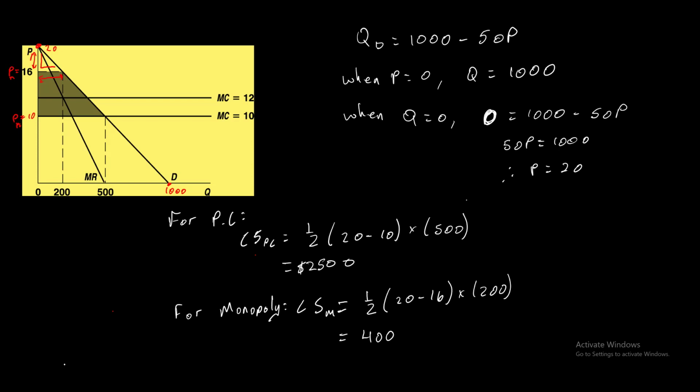Therefore, the consumer surplus loss from monopolization of Roman candles is 2500 minus 400, which is equal to 2100. This here is the consumer surplus loss from monopolization.